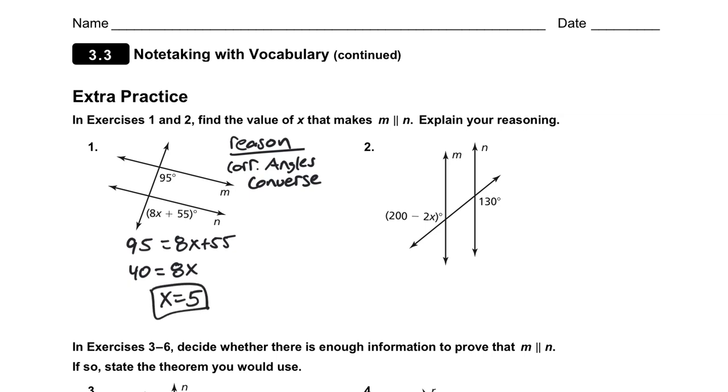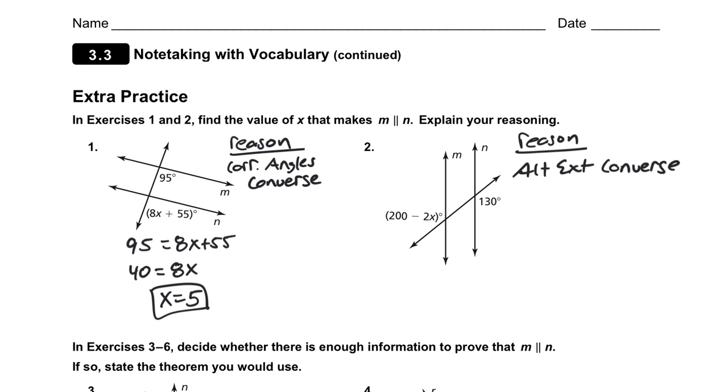On number 2, I see the relationship of alternate exterior angles. So if I want to prove lines M and N are parallel, my reason is going to be that I need to show that my alternate exterior angles are congruent. And then I can use their converse to say, hey, lines M and N are parallel.